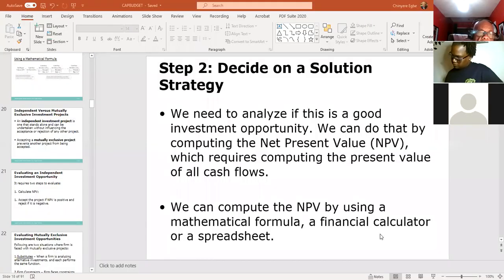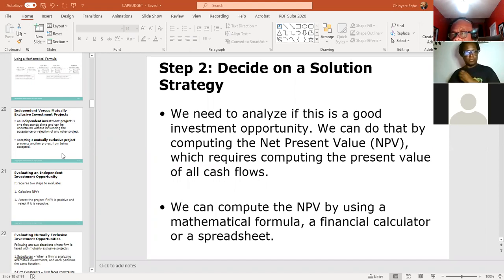All right, so I'm going to share screen again. Because we've already discussed this, once you pick an asset, you identify a potential opportunity, you decide on a solution strategy.